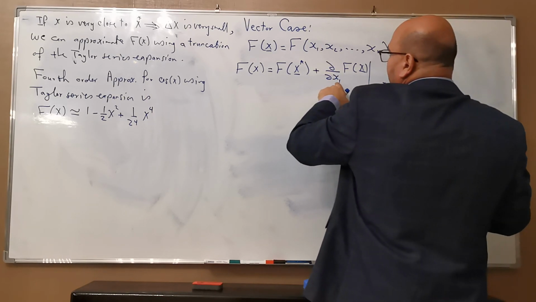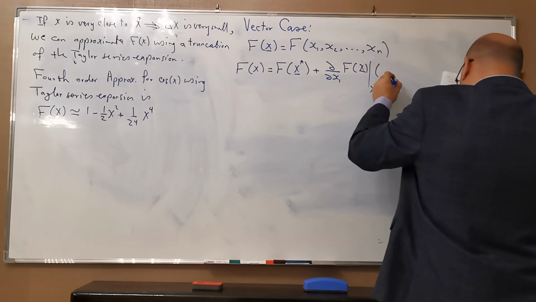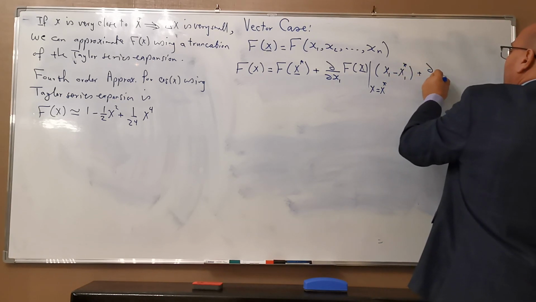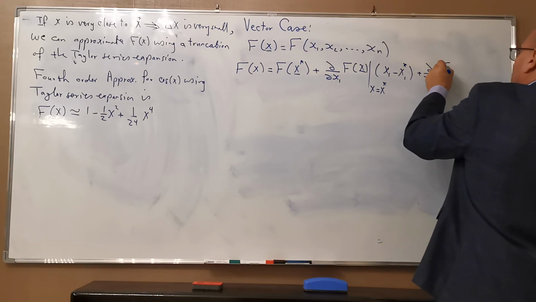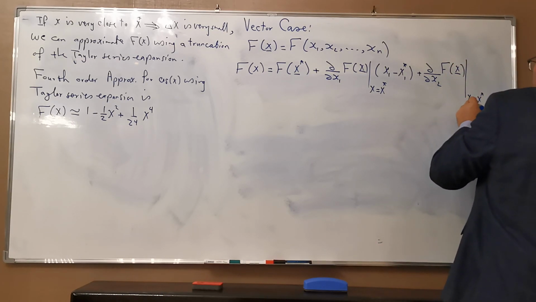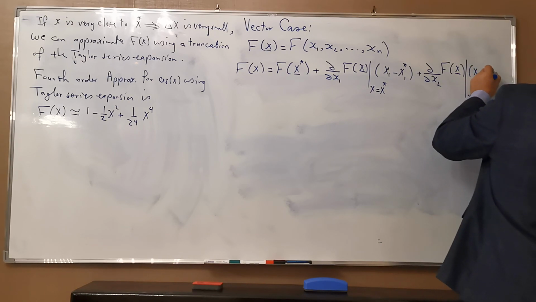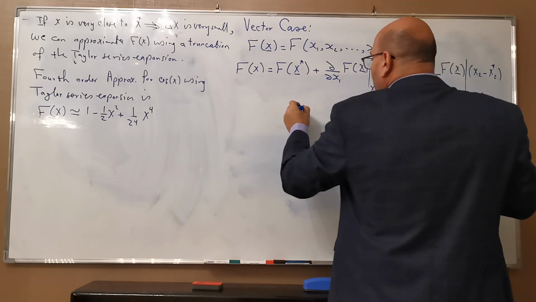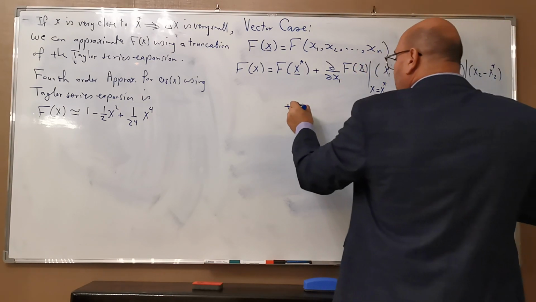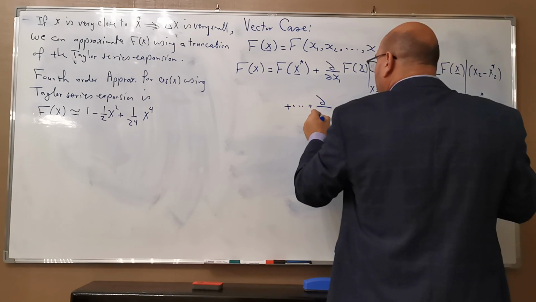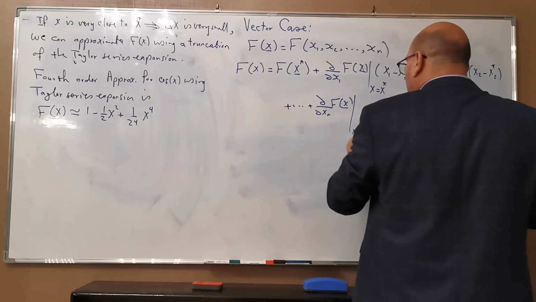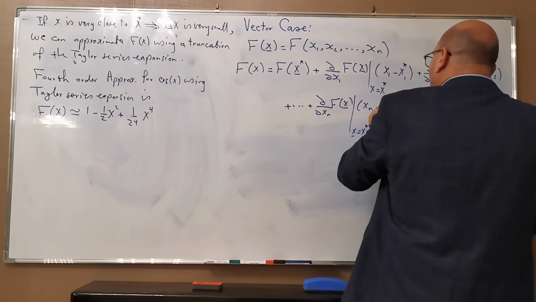Now you have a partial derivative with respect to the first element multiplied by x1 minus x1 star, plus partial x2 of f of x evaluated at x equals x star multiplied by x2 minus x2 star, and we have to go for all the n's, the first derivative for all x of n's. So this will give us partial x of n of f of x at x equals x star multiplied by x sub n minus x sub n star.